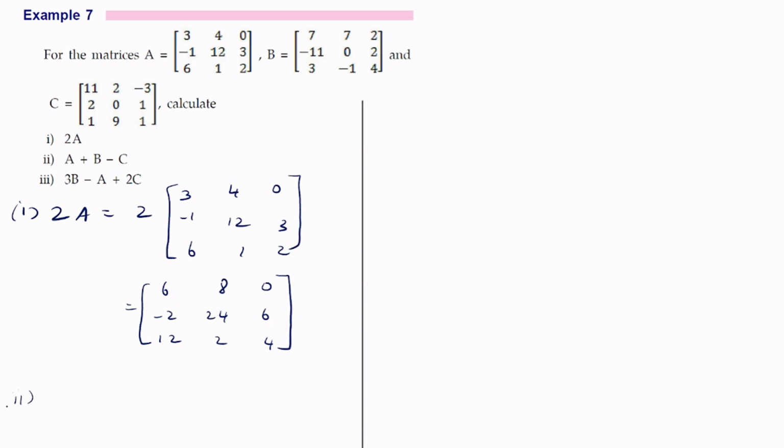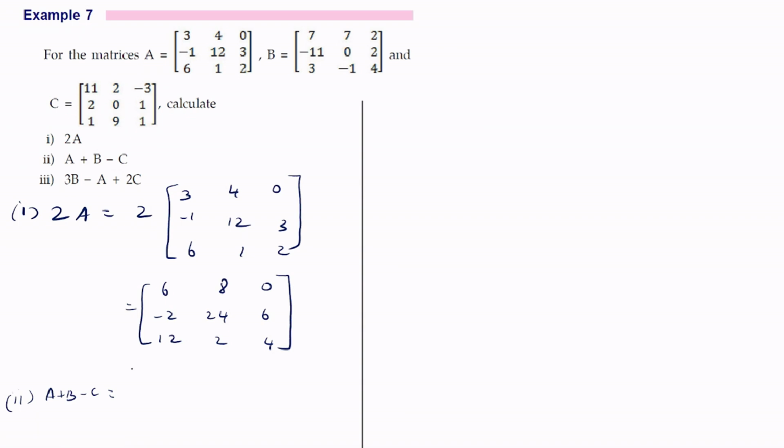Then the next subdivision is A plus B minus C. So it is the sum of these two minus this matrix. Here we can see that all matrices are of the same order, so we can find A plus B minus C. The order is defined.